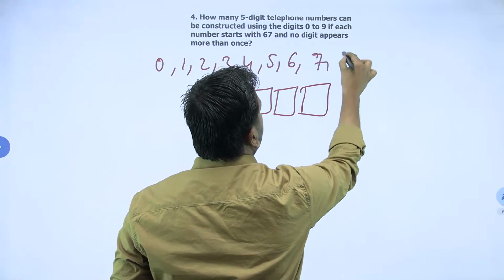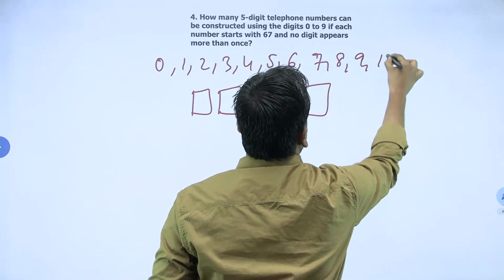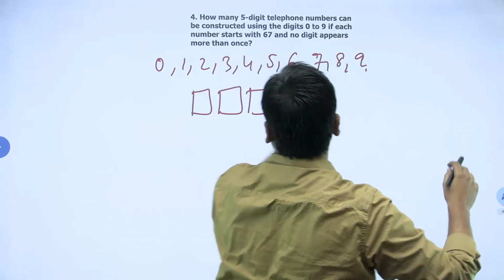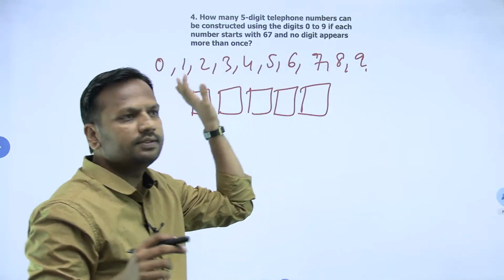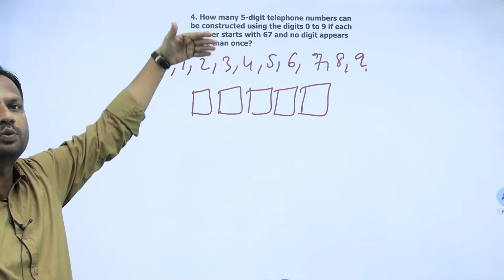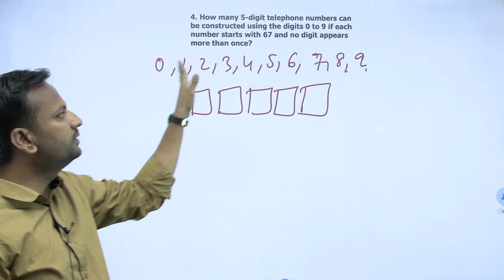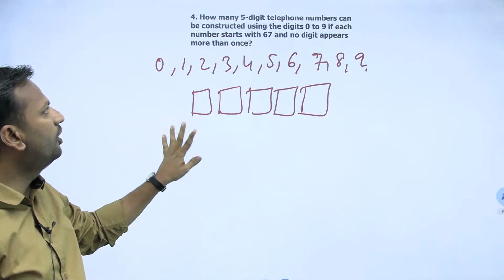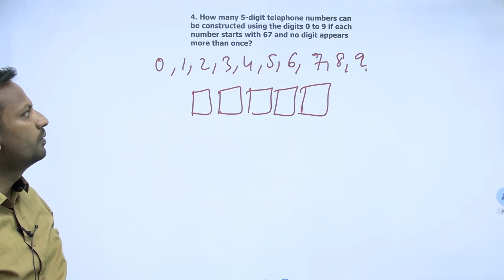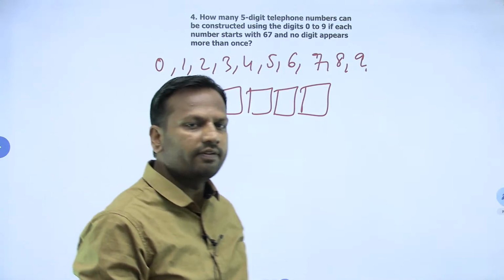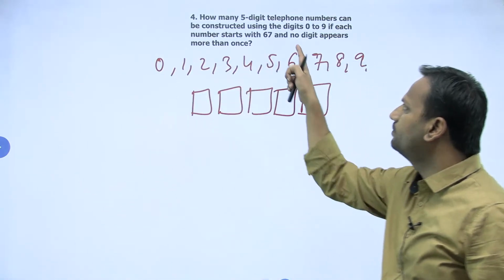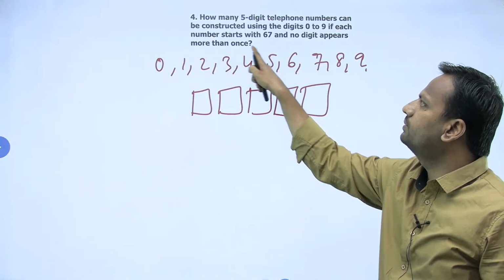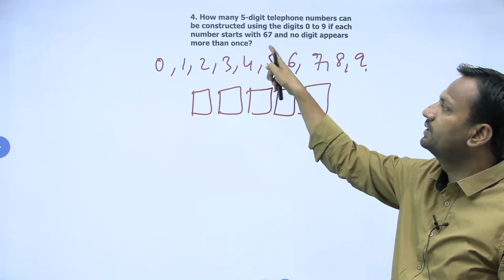That is totally 10 digits, right? Using these digits 0 to 9, I have to form a 5-digit telephone number in such a way that they have given the condition: form the 5-digit number if each number starts with 67.